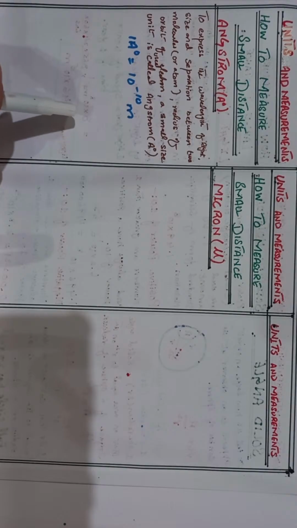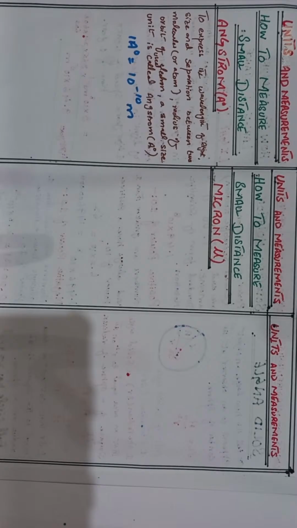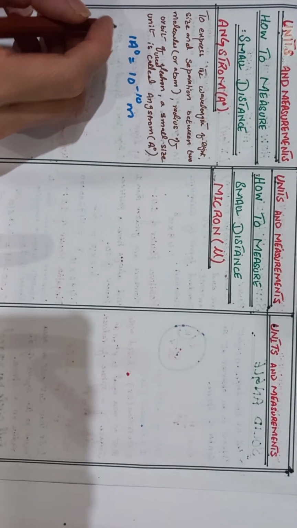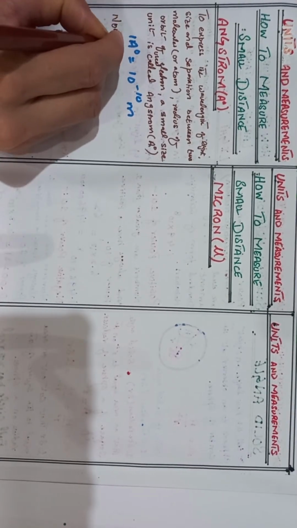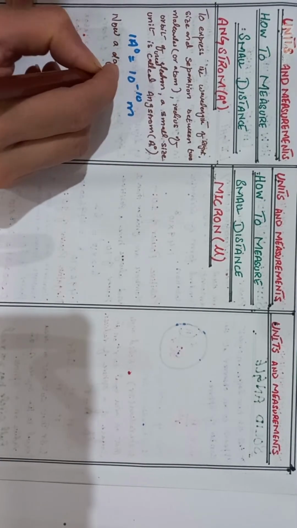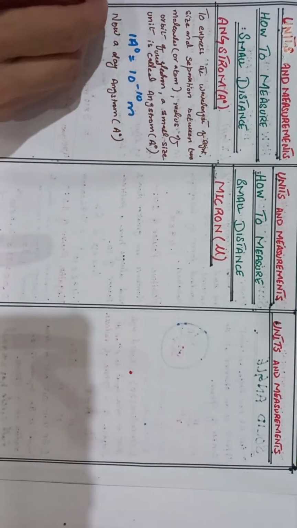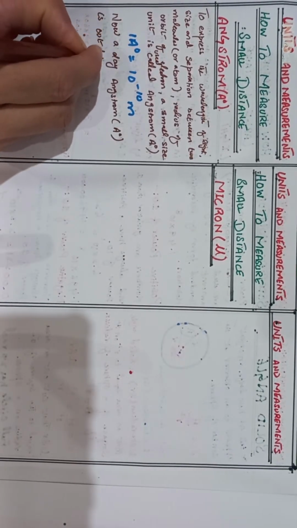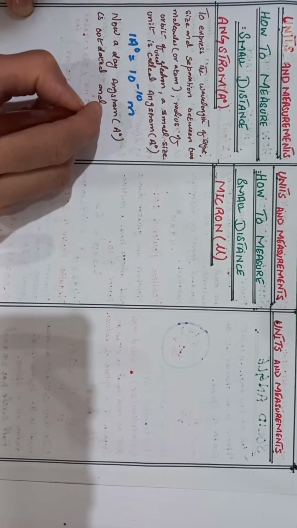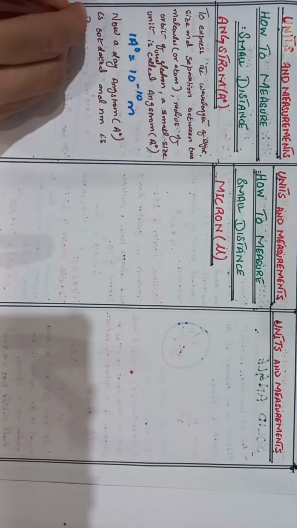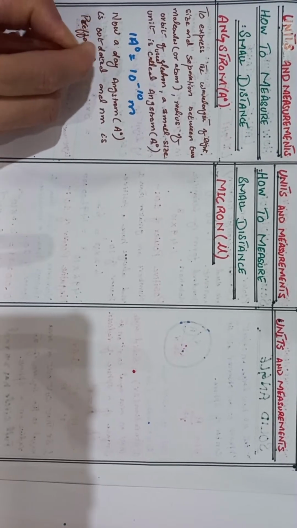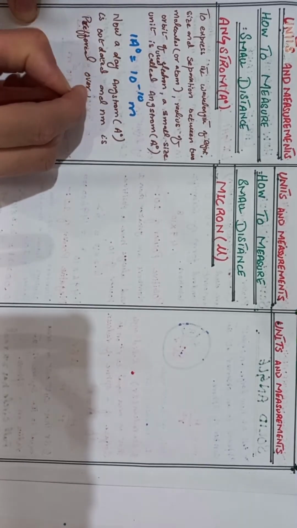Angstrom, which is denoted by A naught, is outdated and nanometer is preferred over angstrom, for measuring the wavelength of light. Interatomic and intermolecular separations are now expressed in nanometer.